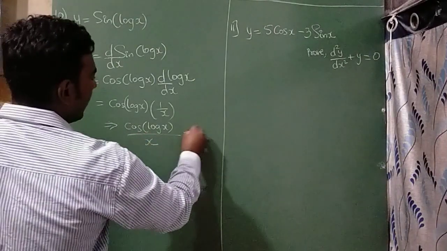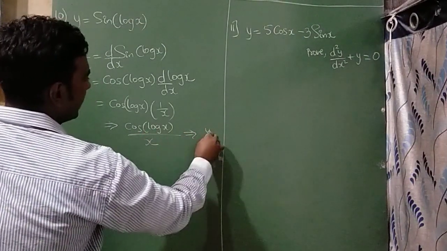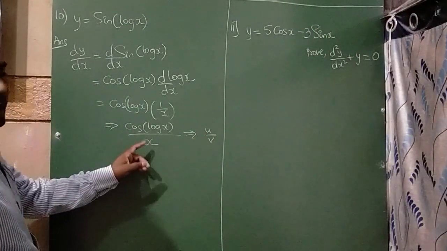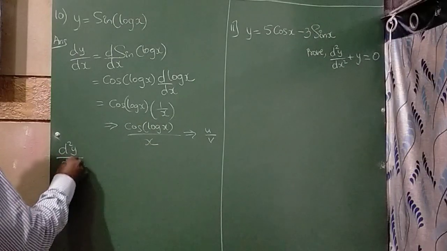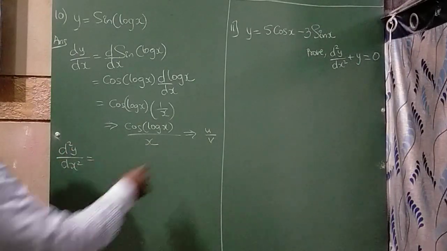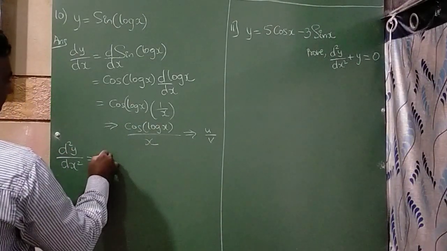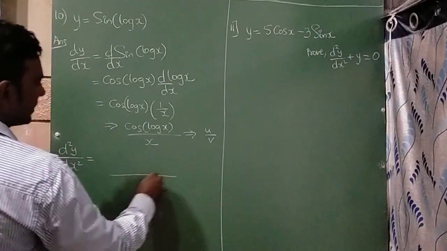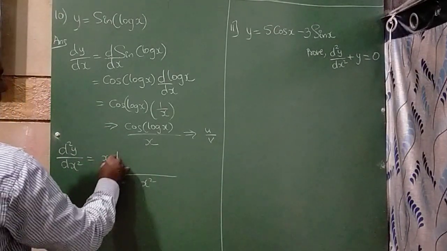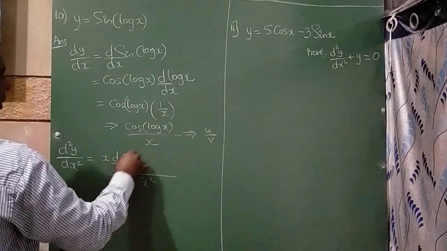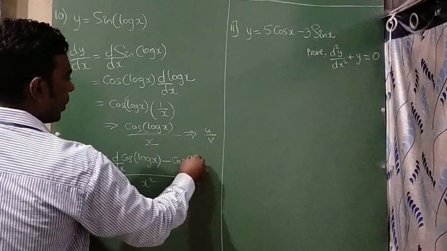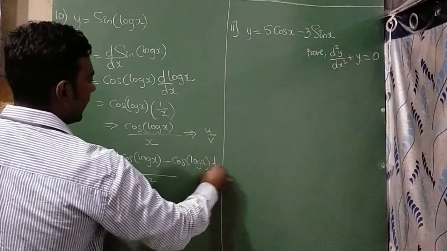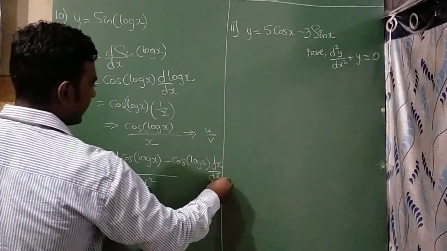So you need to consider this as a u and this as a v because it is a quotient rule. Okay, so for second order derivative, this x will become x square and I'll write this x here and d by dx of cos log x minus cos log x and d by dx of x.